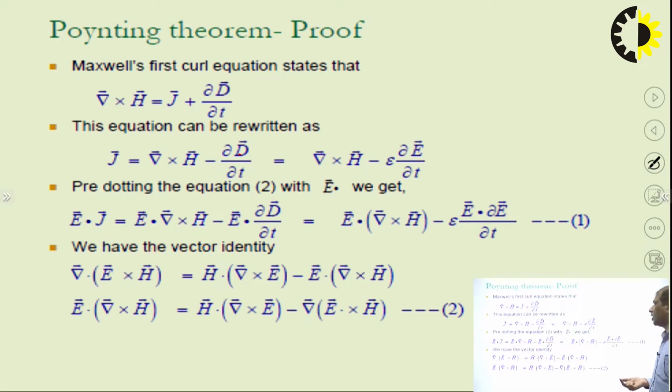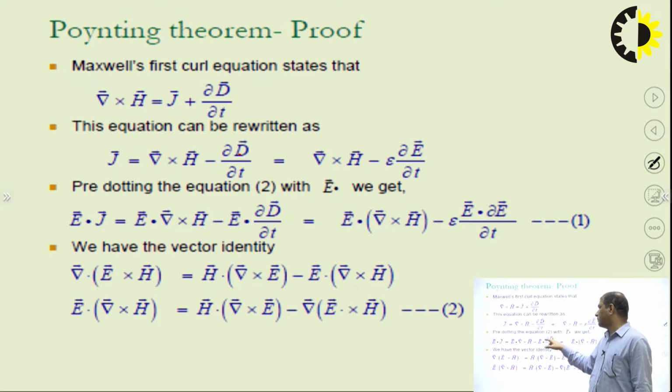When we take the dot product, what do we get? We get E dot J is equal to E dot del cross H minus E dot dD over dt, and that is equal to E dot del cross H minus epsilon E dot dE by dt. We all know that D is equal to epsilon E, and we have taken the epsilon outside.